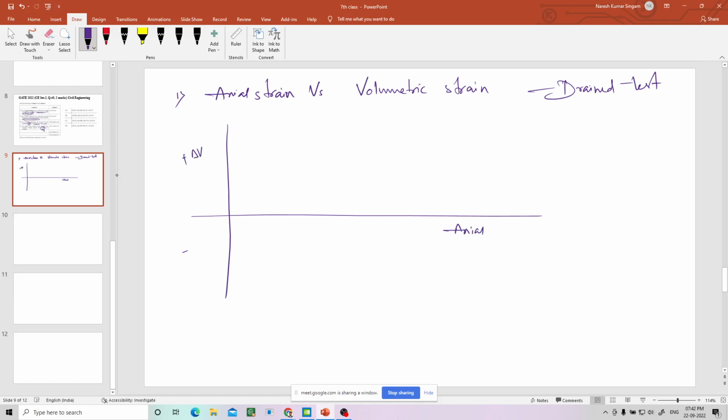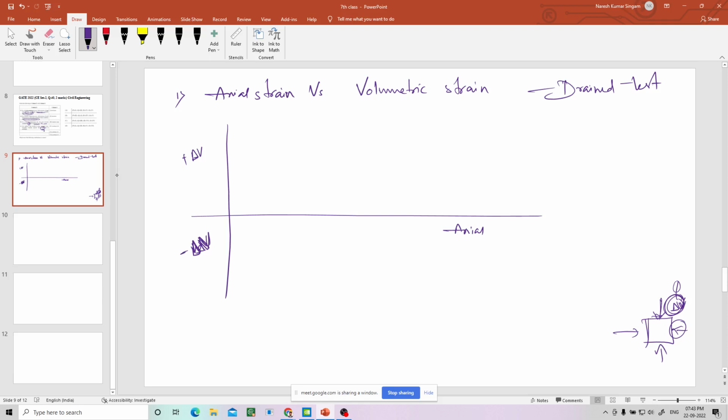If the volume is increasing, that is called positive. Don't think that because compression is positive, the volume increases; if compression is there on the soil element, the volume may be reduced. Delta V is negative because it is decreasing. You just have to think in that way.